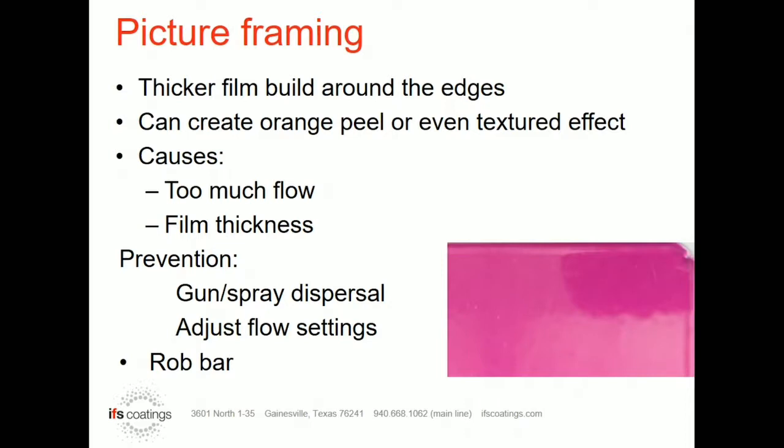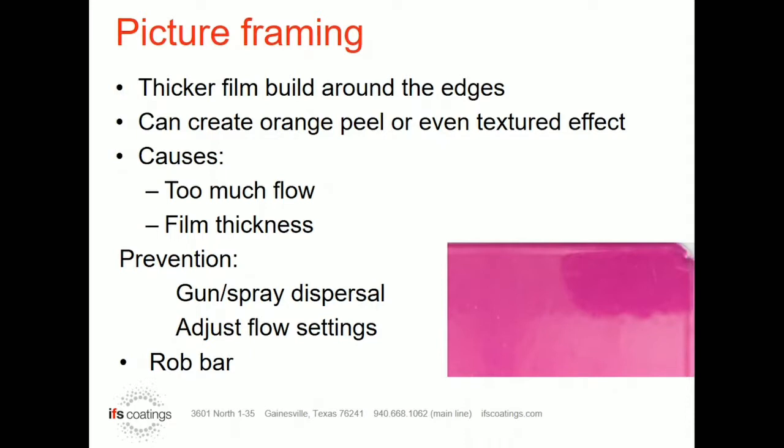And then, another thing we see people do a lot of times is they make a rack with what we would call a robber bar, basically a bar or a surface right behind those edges. So that excess powder, instead of building on that edge, some of that excess powder will go to that bar and keep it from building too heavy on the edges.